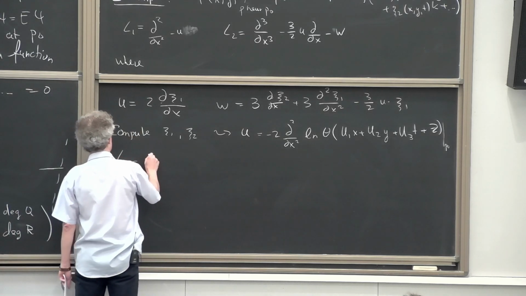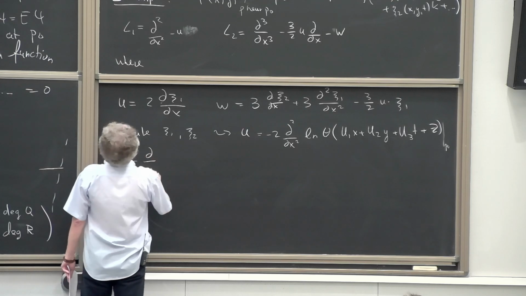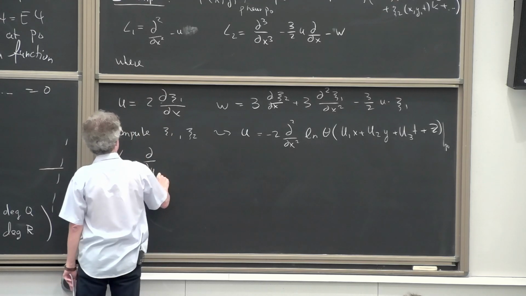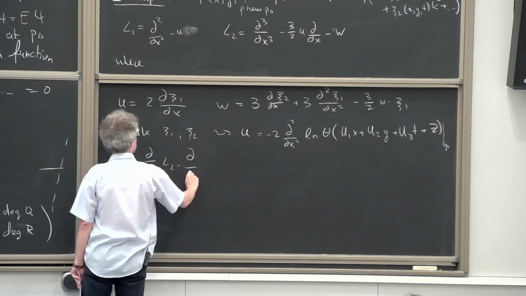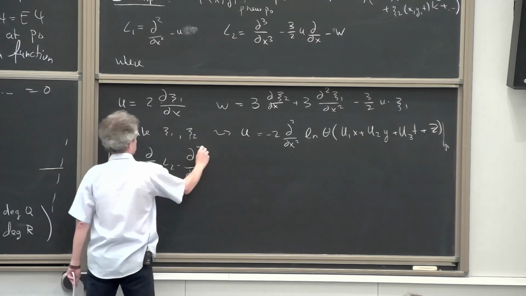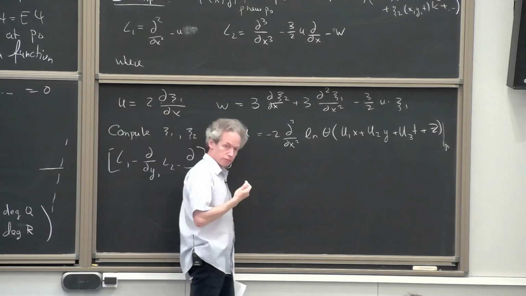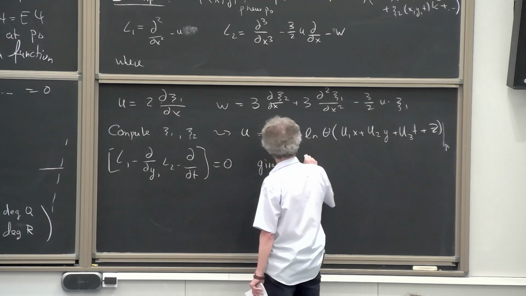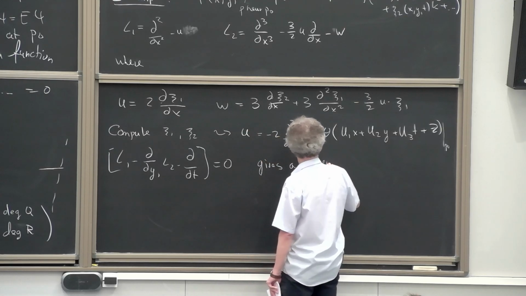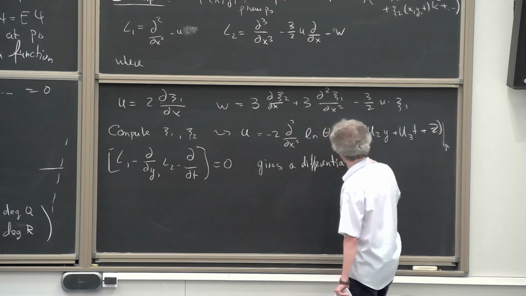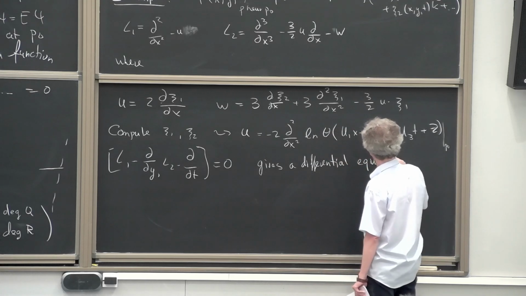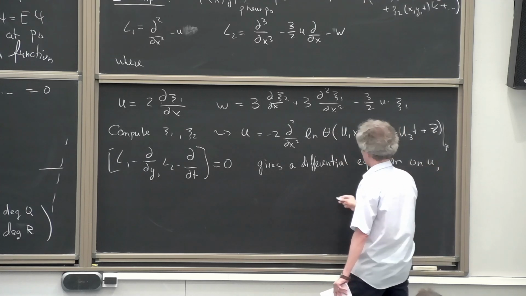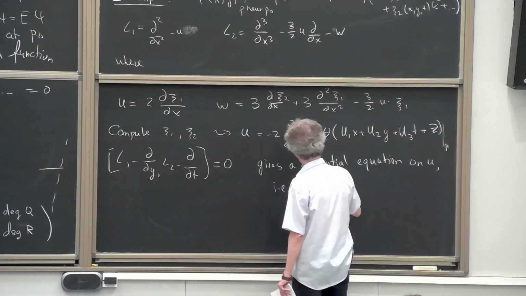Now you can compute this commutator up there. You compute this, and this gives a differential equation on u, i.e. on theta.